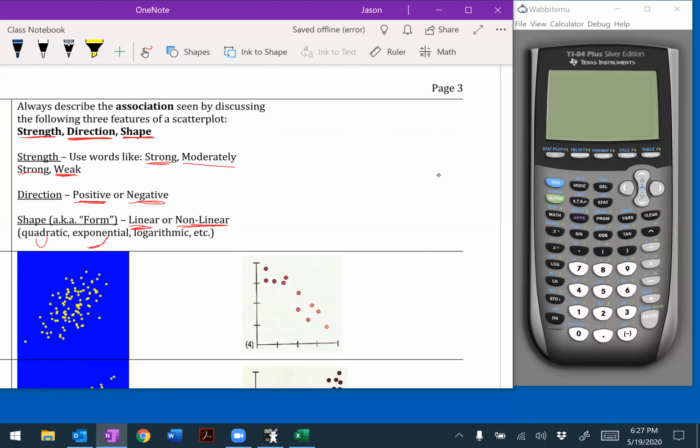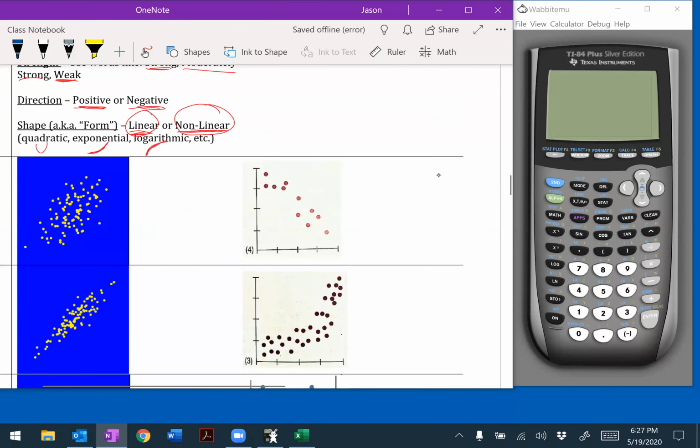In this course, we don't care about the non-linear ones. We call it linear or non-linear. We're not going to spend too much time on non-linear ones. That's an advanced technique to try to find the association for non-linear ones. We're just going to say, hey, that's not linear. It's weird. We don't care about it. And we're going to move on.